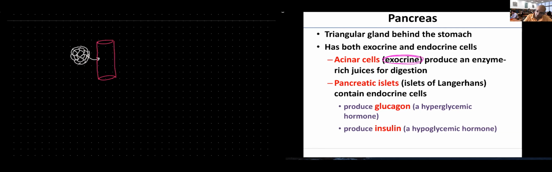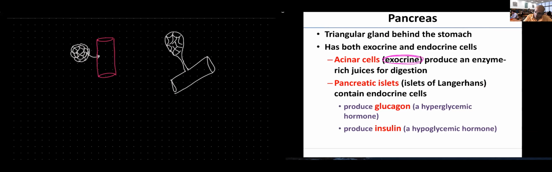Compared to the exocrine glands, they are going to have ducts, which will be conducting their secretions to the lumen of another organ. Okay, so those have ducts, those are ductless glands.